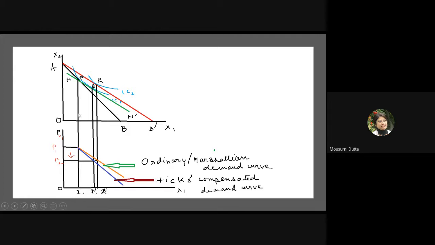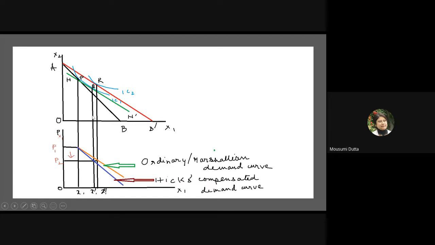When there is a reduction, we started with a reduction in price of X1, and we are finding that both the substitution effect and the income effect are moving in the same direction. Both are telling us the demand will increase. First, there will be some increase in demand just because one commodity, X1, has become cheaper to me.